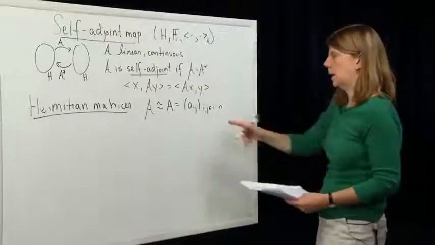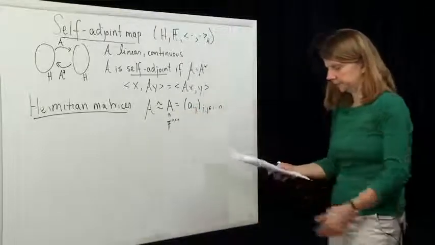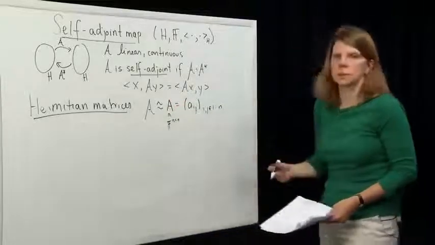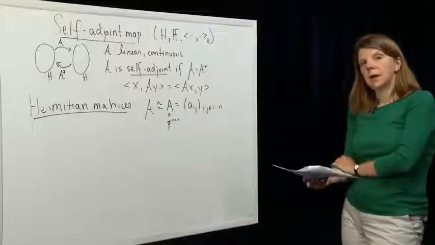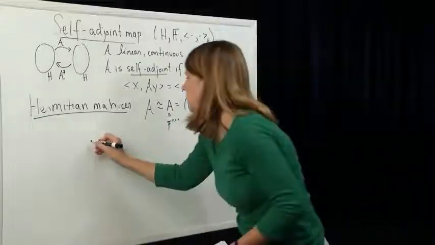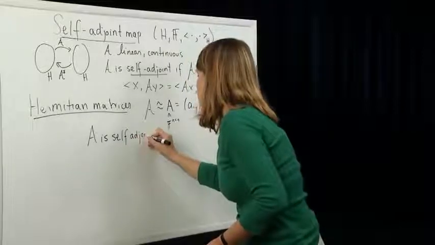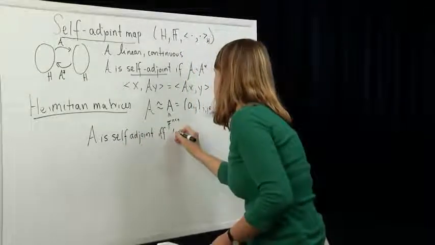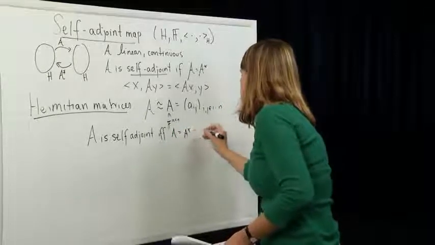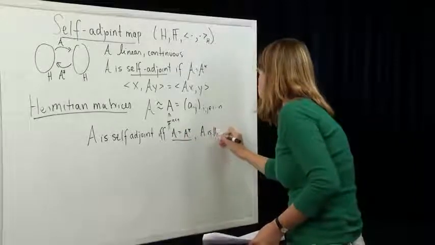So A itself is an n by n matrix in either R or C. Then the map A, which is represented by matrix multiplication, is self-adjoint if and only if the matrix A equals A star, and we call that A being Hermitian.